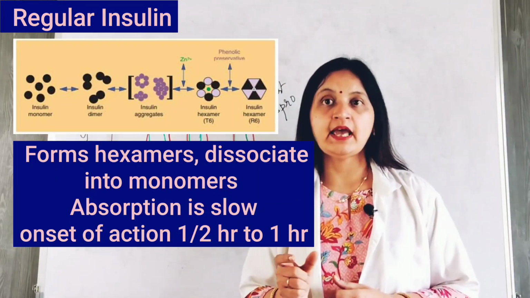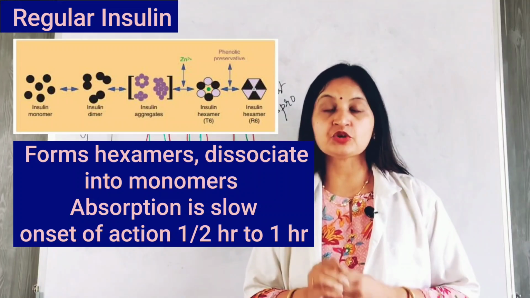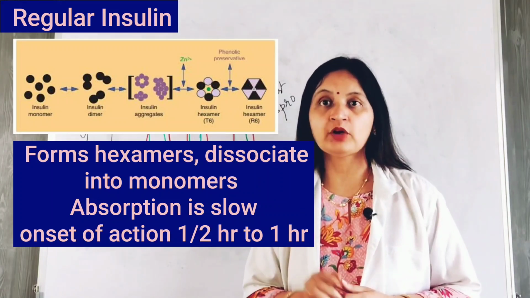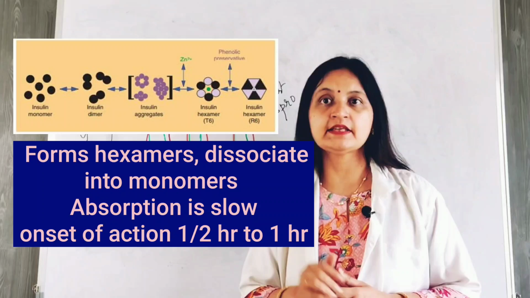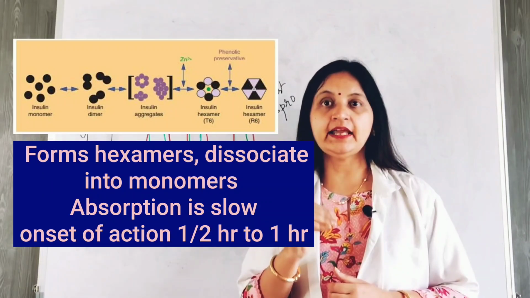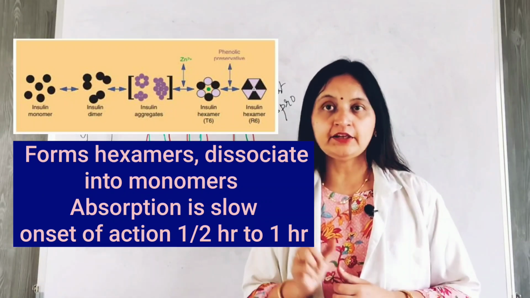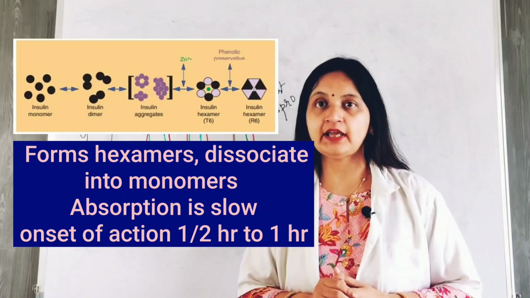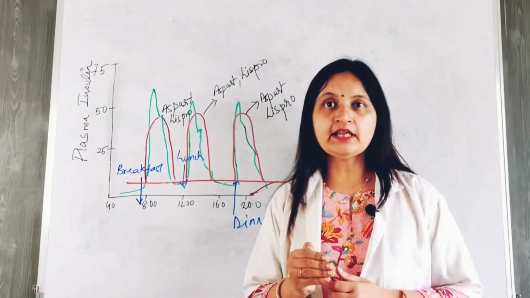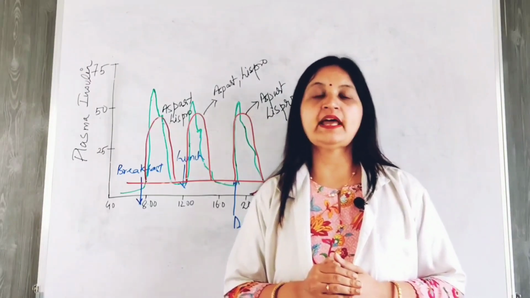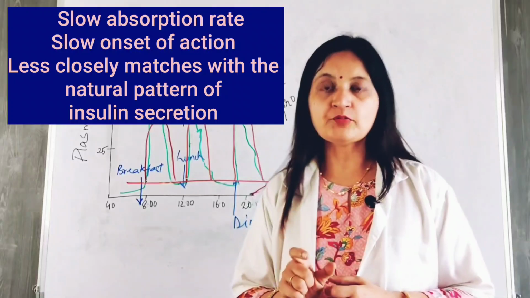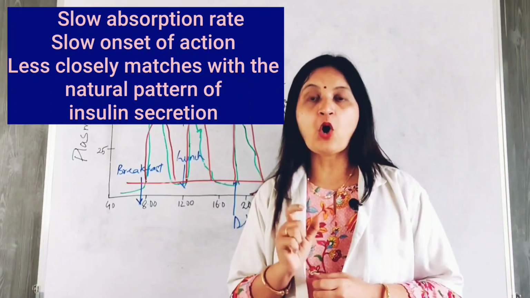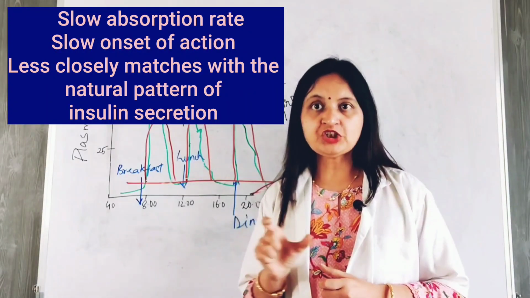Now, comparing the insulin analogs with regular insulin, which is the human insulin, it forms hexamers which dissociate into monomers and are absorbed into the bloodstream. So the onset of action takes about half an hour to 60 minutes, the peak is attained in 2 to 4 hours, and the duration of action is 6 to 10 hours. So regular insulin, in comparison to the insulin analogs, has a slower absorption rate, a slower onset of action, and a longer duration of action.